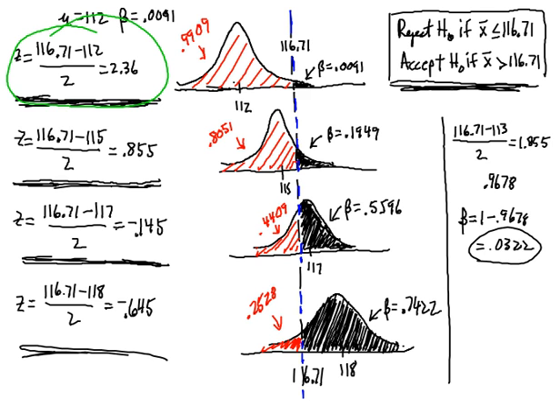Calculate the type 2 error probabilities for the different values of mu and the corresponding power percentages, and see how powerful, quote unquote, that sample of size 100 is to correctly reject the null hypothesis for those different values of mu. Compare your results from this table to the one that I helped you fill out and see what the differences are. Let me know if you run into trouble or have any questions.